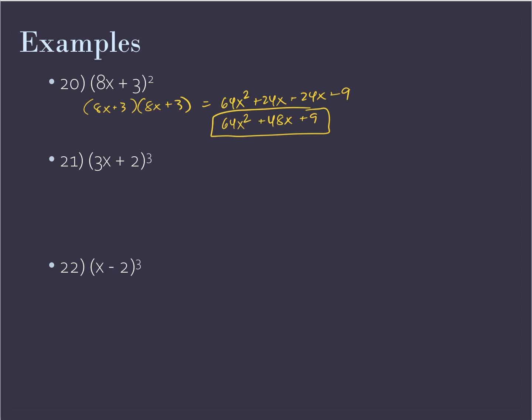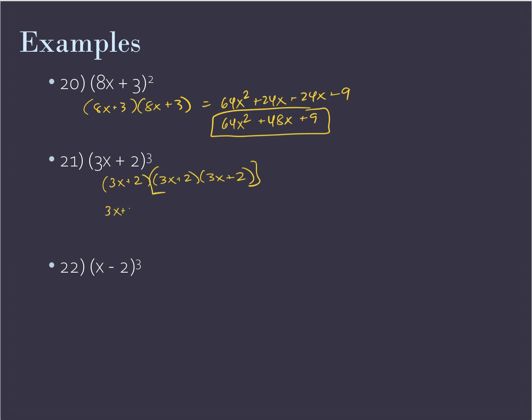So if I was to do this one the long way, this is 3x plus 2 times 3x plus 2 times 3x plus 2. So again, I would have to solve this by multiplying two of these together first. So let me do these two, right?